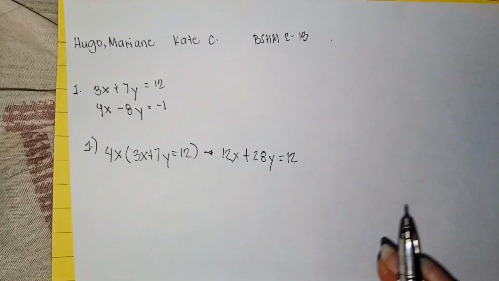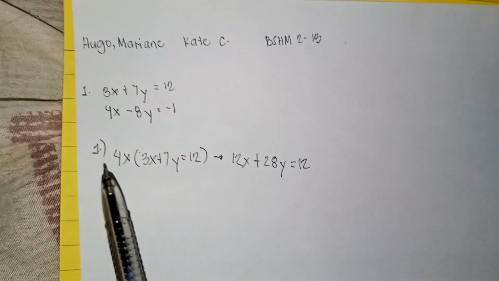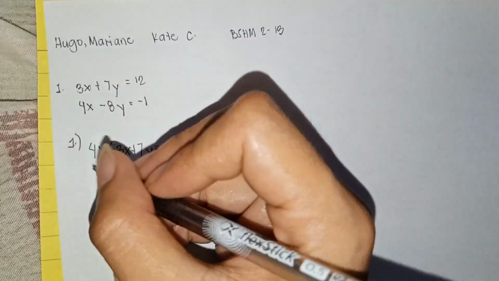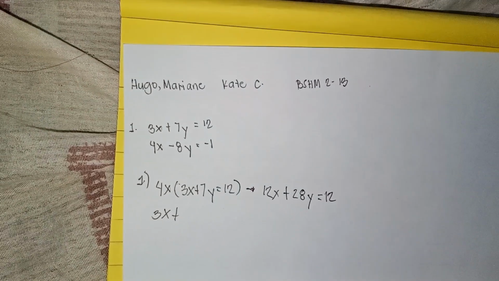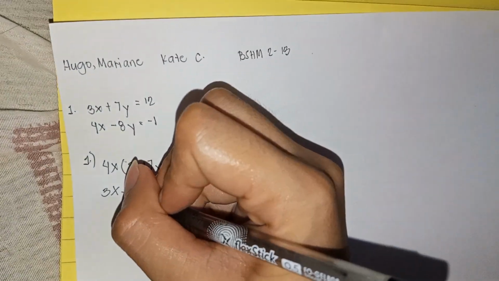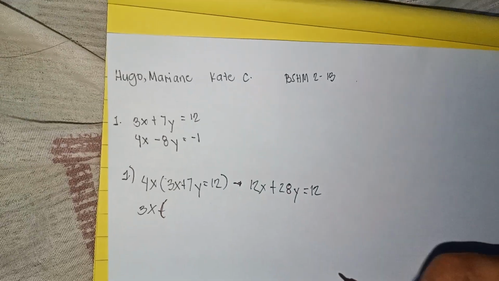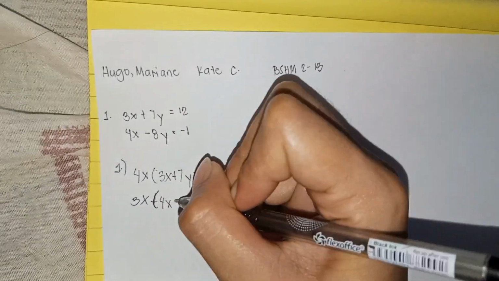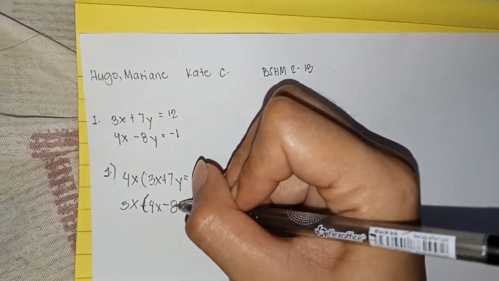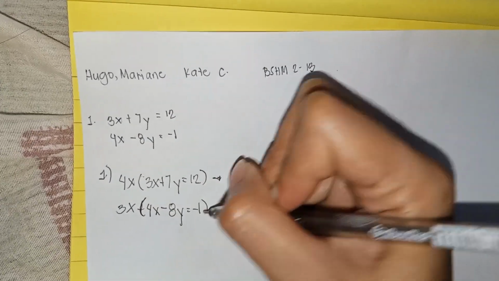Then the second equation, we're going to multiply by 3: 3 open parenthesis 4x minus 8y equals negative 1.